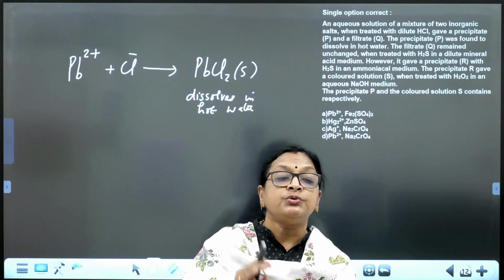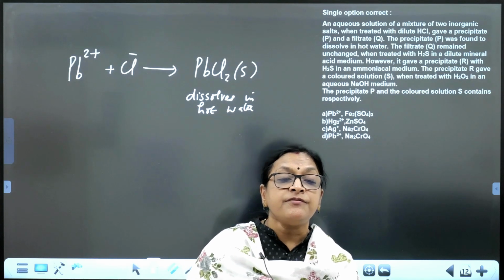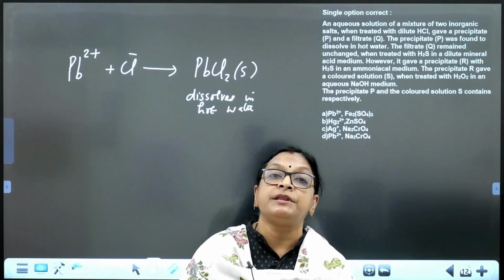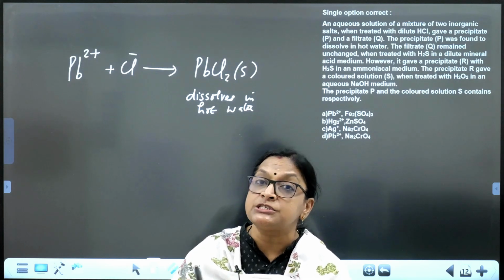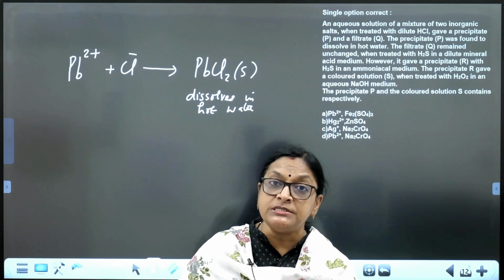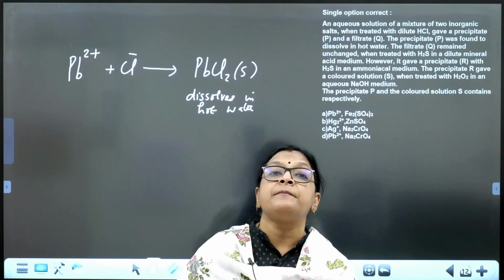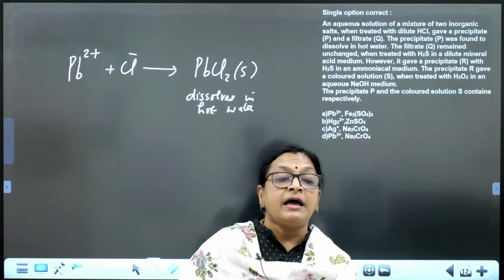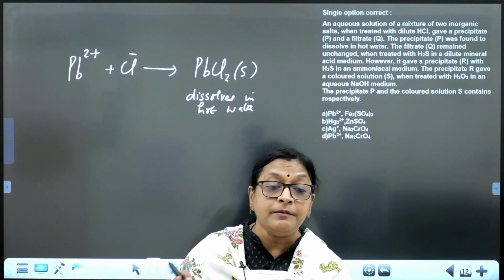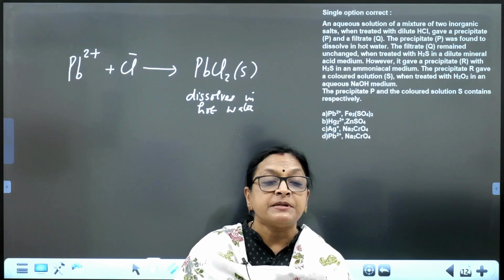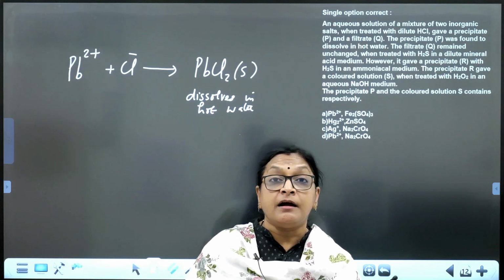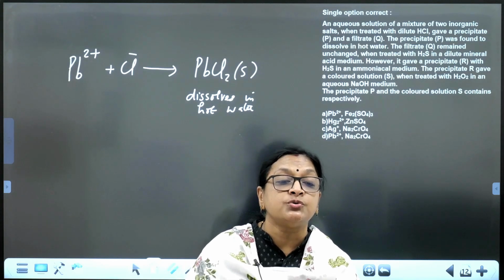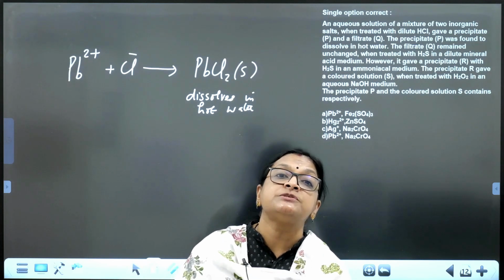Coming to the next clue, it gave a precipitate R with H2S in ammoniacal medium. In acid medium it is not precipitated with H2S, but in alkaline, basic medium, it is precipitated when H2S is given in an ammoniacal medium. The precipitate R gave a colored solution S when treated with H2O2 in an aqueous NaOH medium.